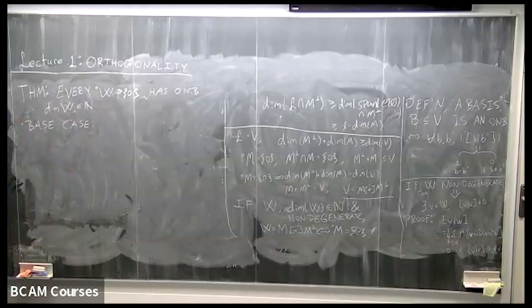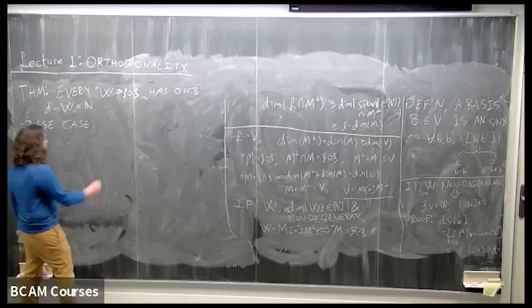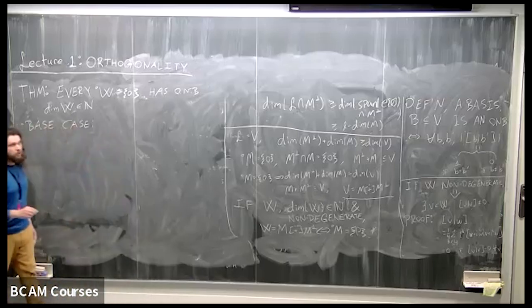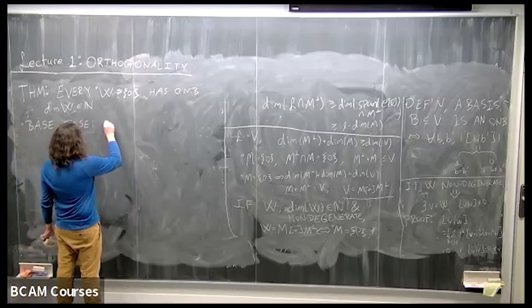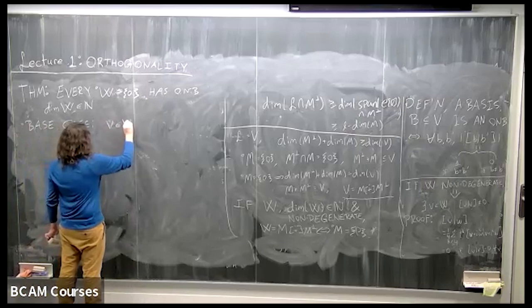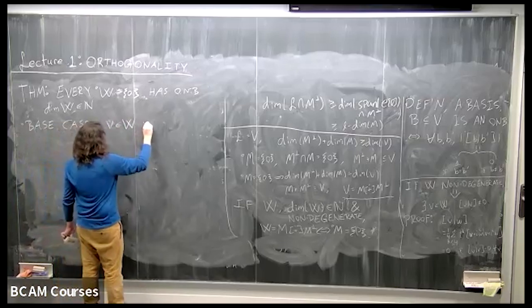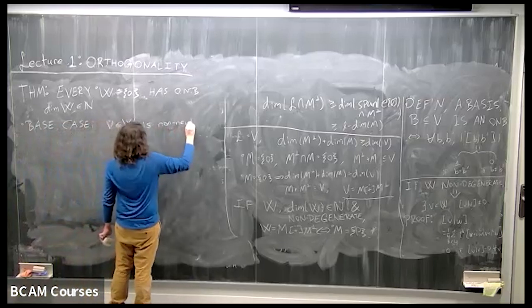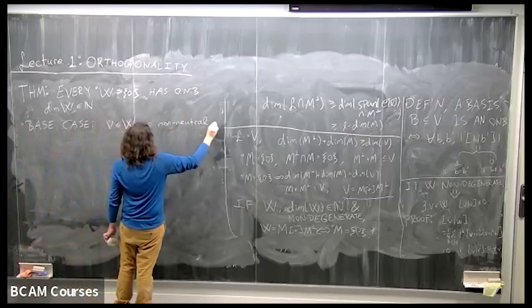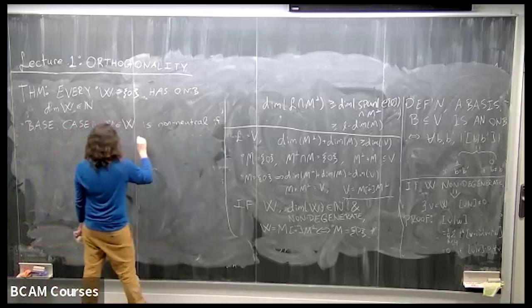So the base case is going to have to be a one-dimensional space. And in this one-dimensional space, again, there exists a non-neutral vector, which is just the one that spans it. So we'll just say that v in W is non-neutral if the dimension is 1.